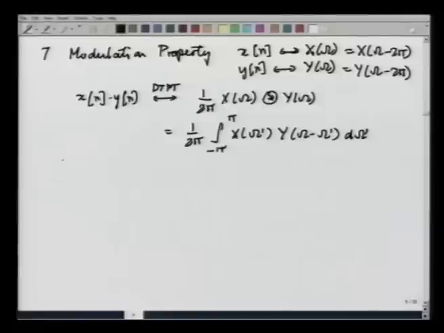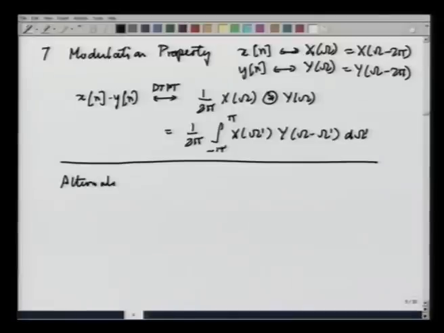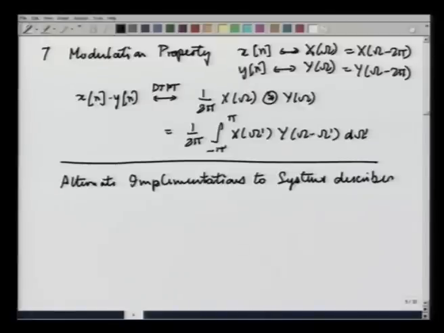In short, we want to find alternate implementations of linear constant coefficient difference equations.